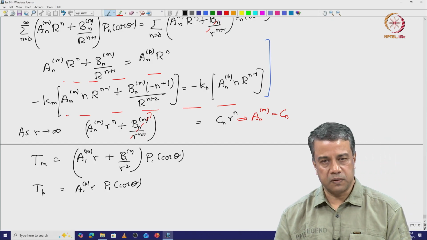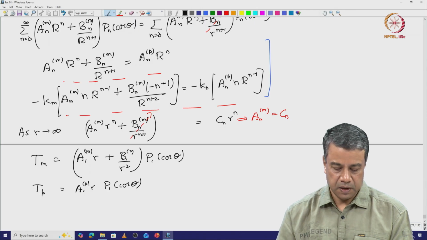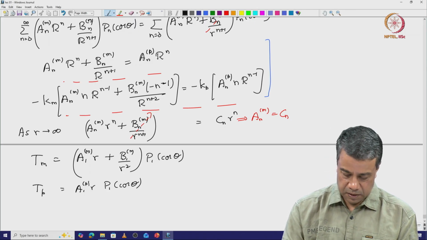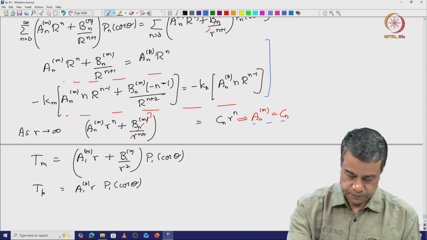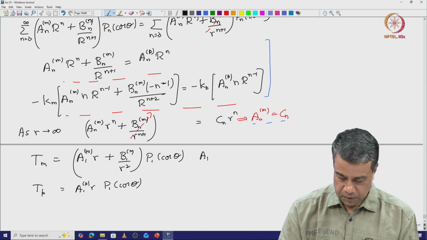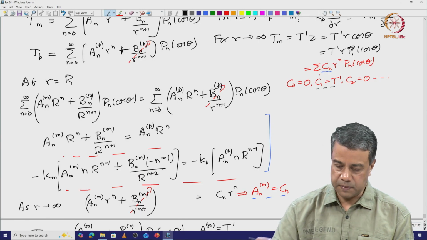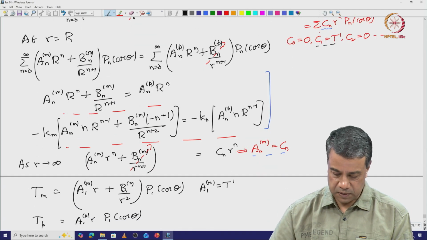B 1 particle was 0 because temperature had to be 0 at the origin. From this equation I get A 1 matrix is equal to T prime, because you can see that C 1 is equal to T prime, and C 0, C 2, C 3, etc., are all 0.